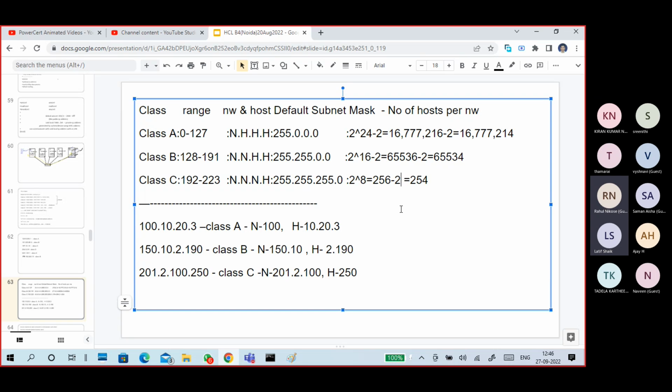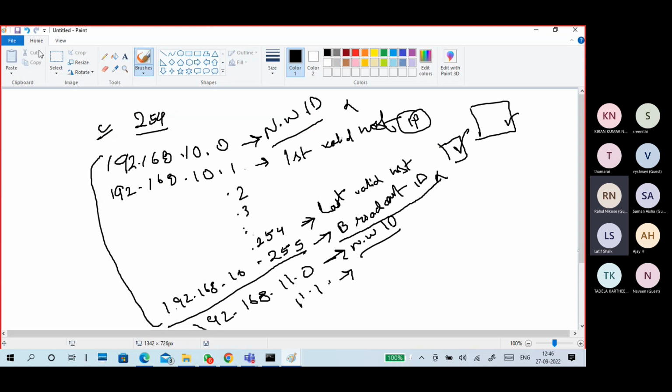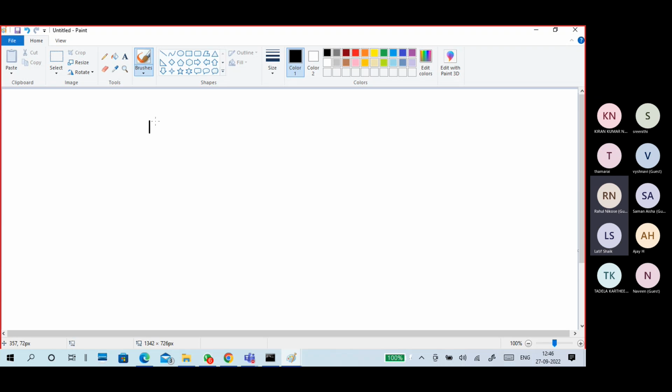Same goes for a class B network. If you take an example for class B, a regular IP address, I'm taking 172.16.0.0. This is the starting network ID, and it continues like this. 172.16.0.1 is the first valid IP address.